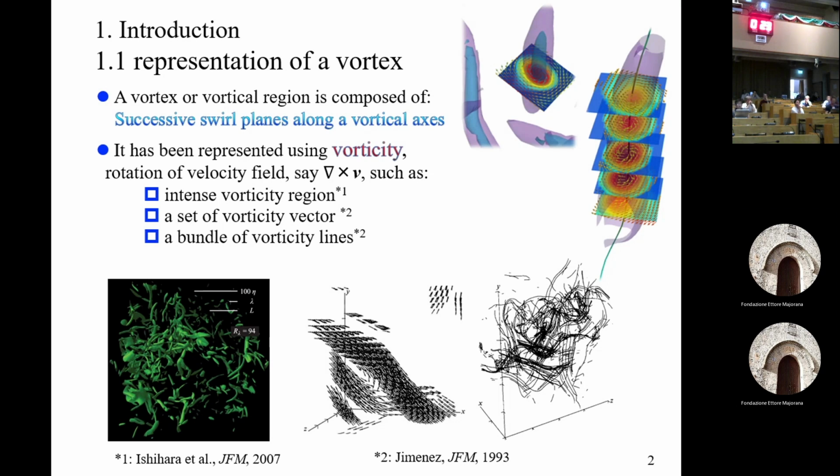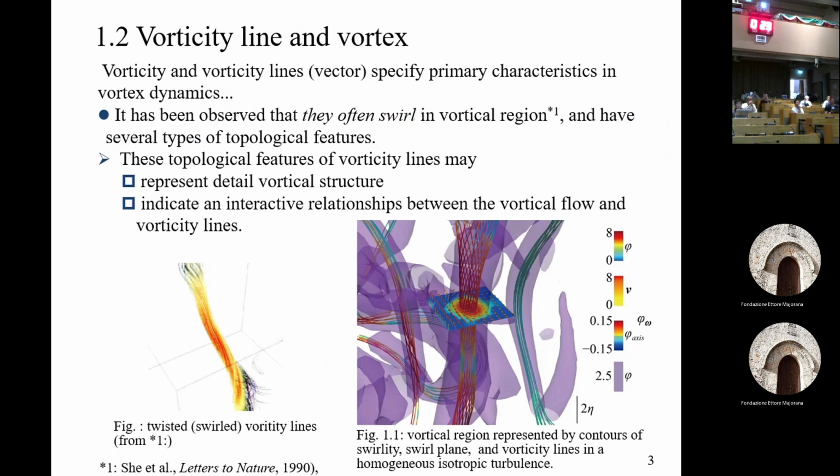A vorticity line is just a line whose tangent vector is the vorticity vector. So in the study of vortex dynamics, vorticity or vorticity lines specify primary characteristics.